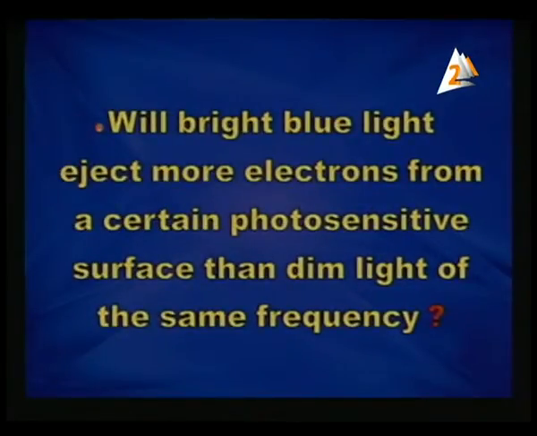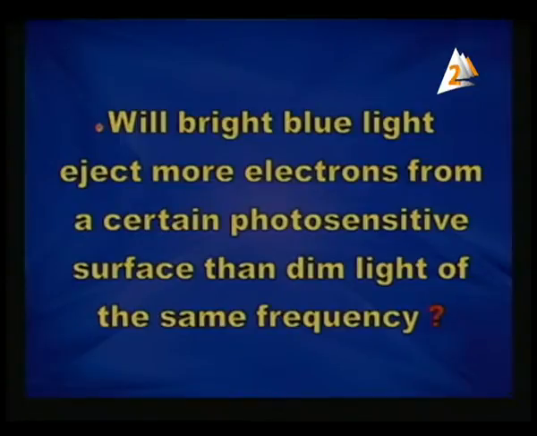Another question: will bright blue light eject more electrons from a certain photosensitive surface than dim light of the same frequency? So we've got bright blue and dim blue. What is the difference here? Both of them are blue, so they've got the same wavelength and frequency.